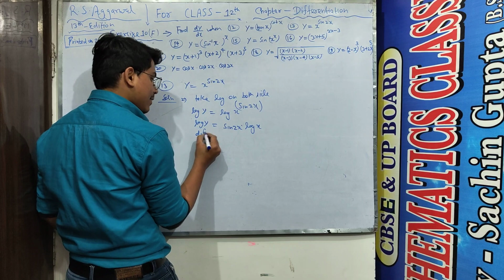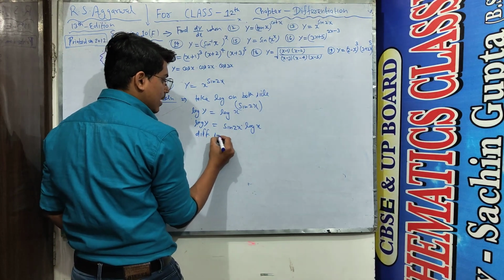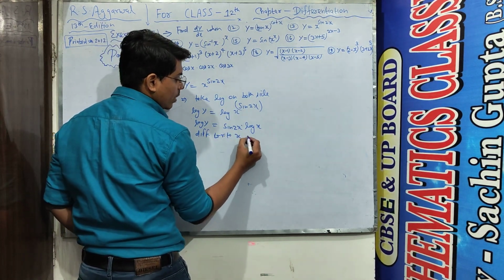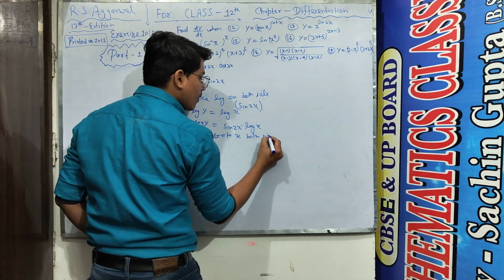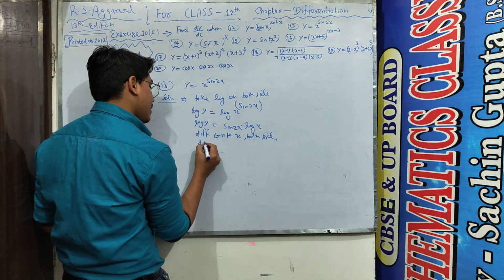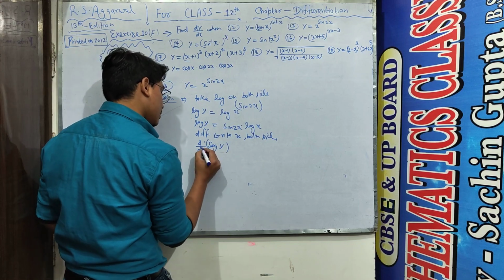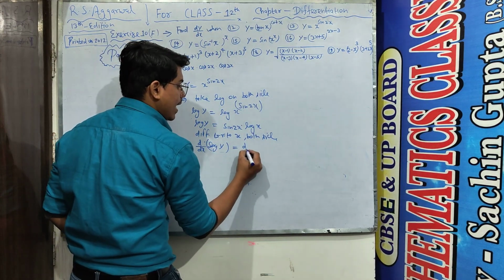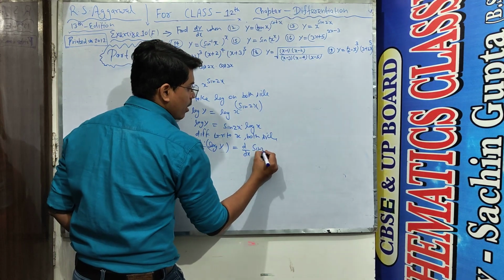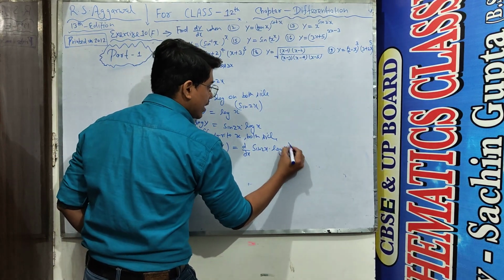We differentiate both sides with respect to x. So it becomes d by dx of log y and d by dx of sine 2x into log x.